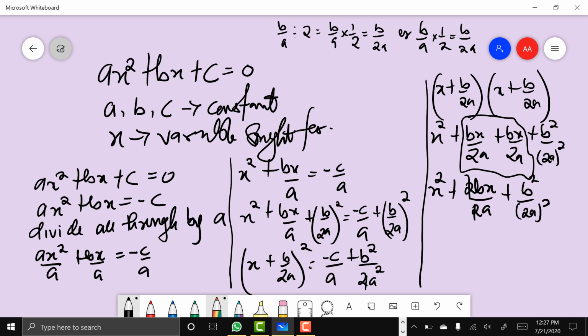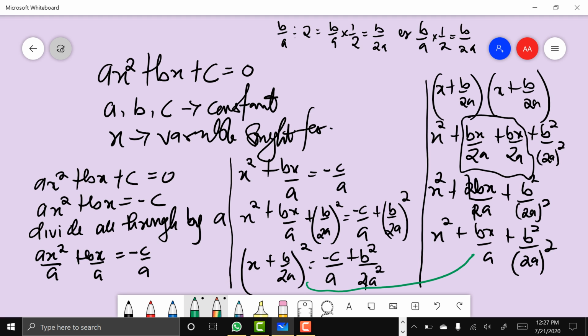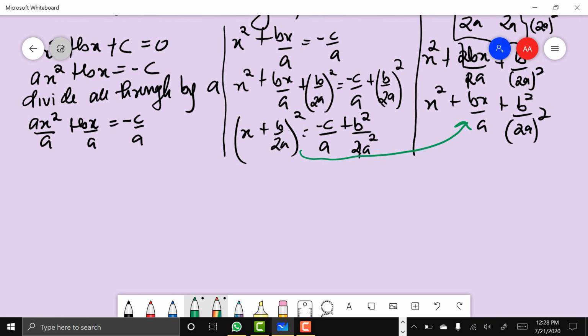So these cancel out. I have x squared plus bx over a plus b squared over 2a all squared. So if you look at it, when you expand this, at the end of the day, you get this back. So let's continue.